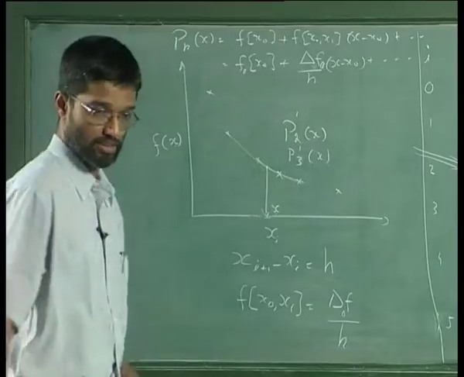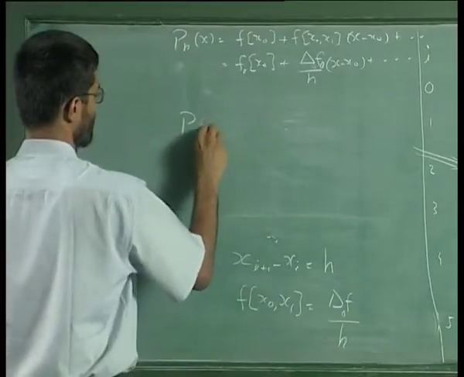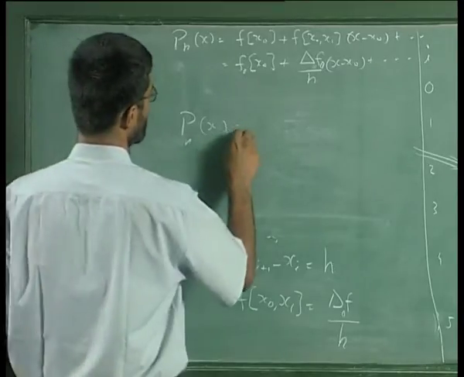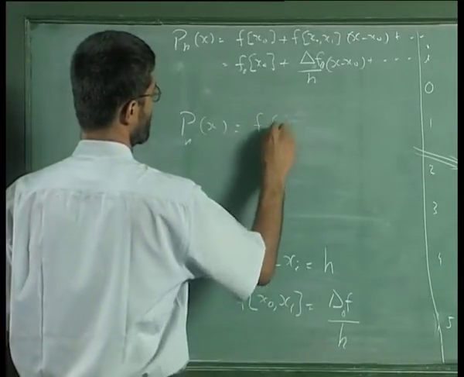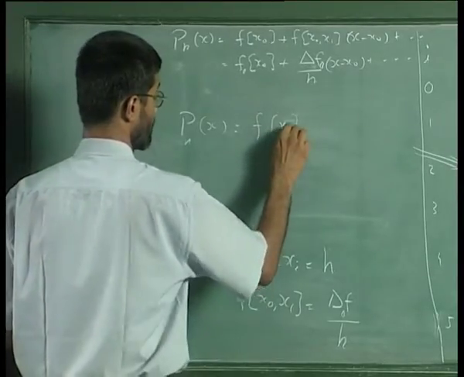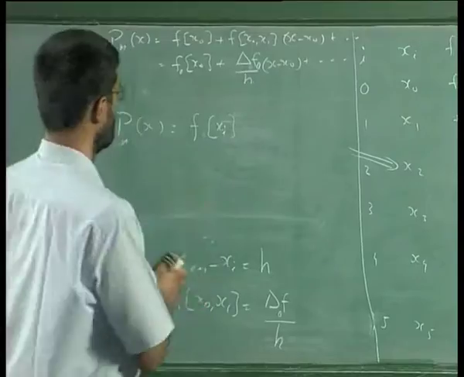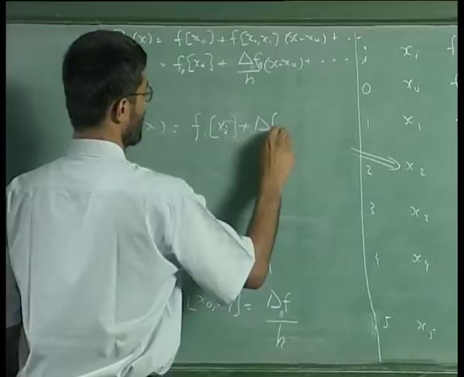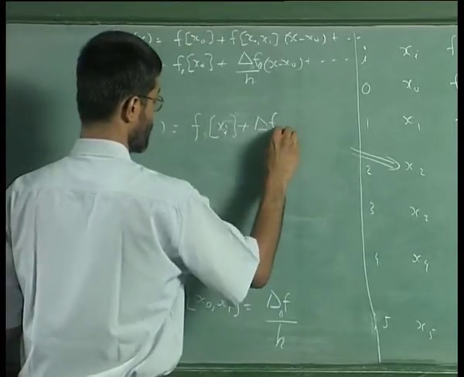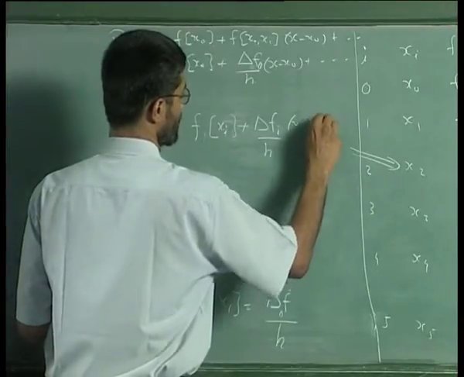But in general, if you enter at any point i and construct a polynomial from that, then we will write the nth order polynomial as f at xi. That is the value at which I enter at some point, let's say x2 here, that is f x2. Then we will have del fi divided by h, into x minus xi as the first term.